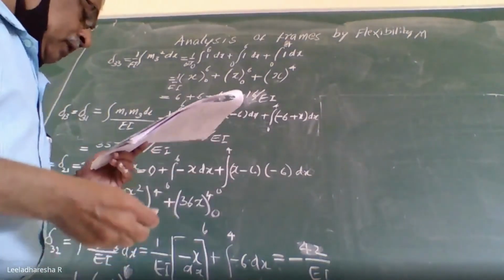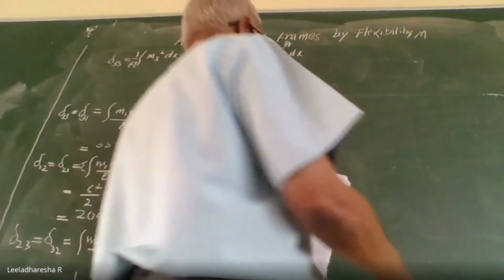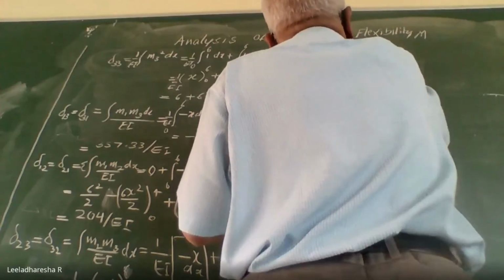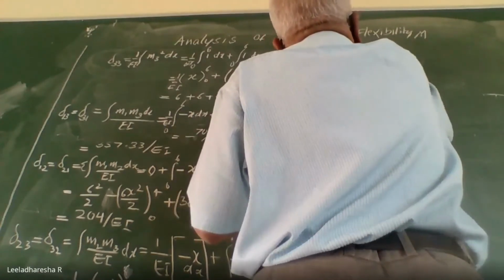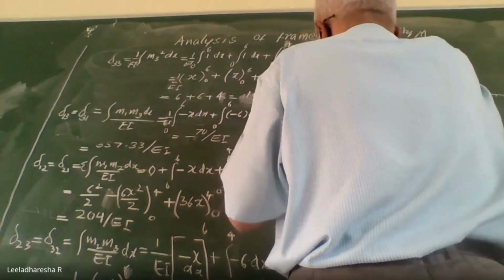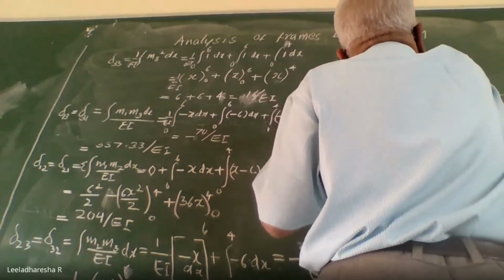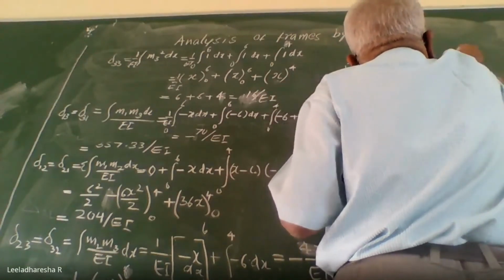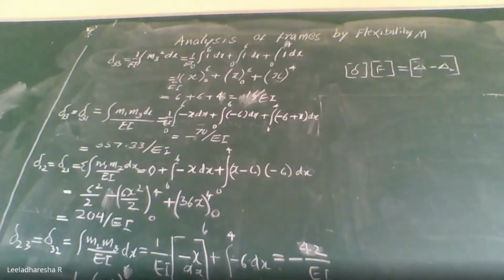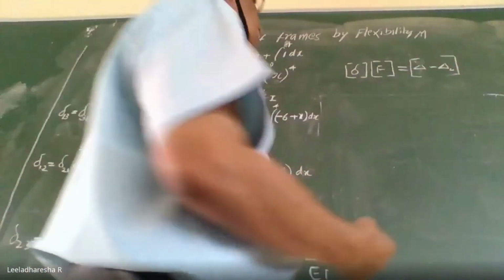So now, using the compatibility equation, small delta into force matrix F is equal to capital delta minus delta F. See, in this case, it is said to be a rigid frame and there is no final movement, like settling of support.